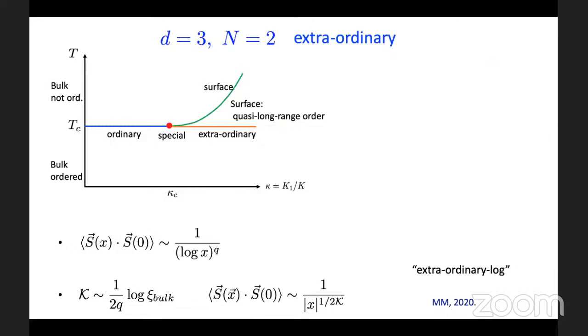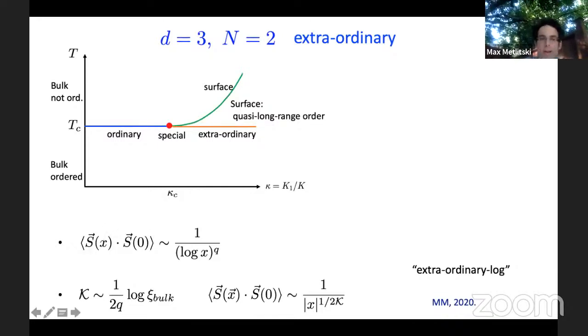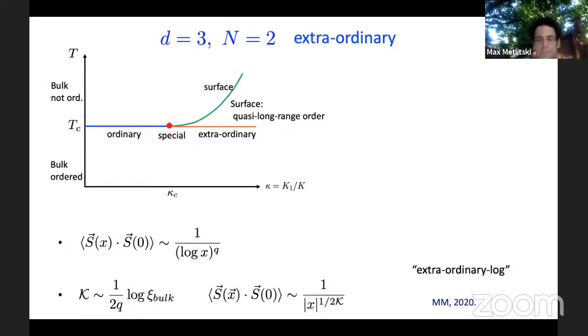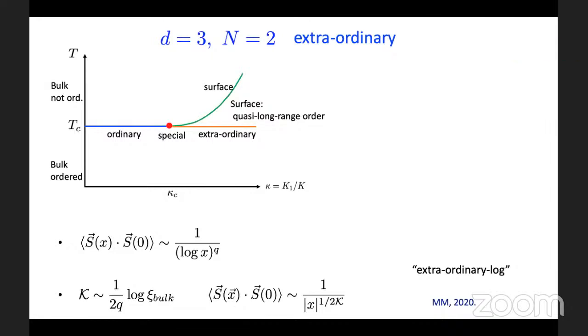The second question I have is about the second bullet. Is this on the boundary or in the bulk? I missed what you said. Both of these are boundary correlation functions of the order parameter. So the x that appears here, is it a coordinate along the boundary? That's right. These are two operators at the boundary. And when is it a power and when is it 1 over log?